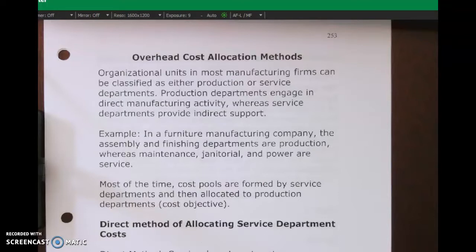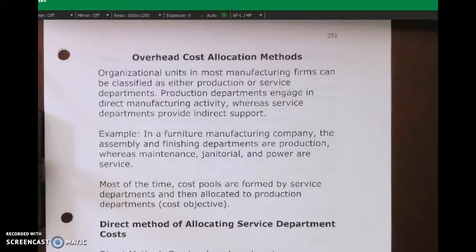What doesn't happen though is that one service department would allocate its costs to another service department. So for example, even though human resources personnel may eat at the company cafeteria, the cafeteria would not allocate its costs to human resources.